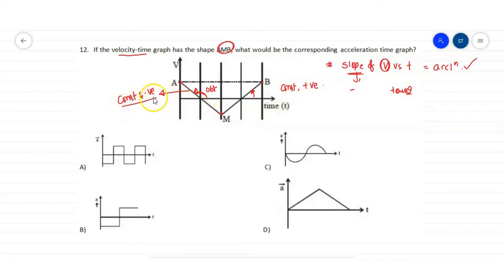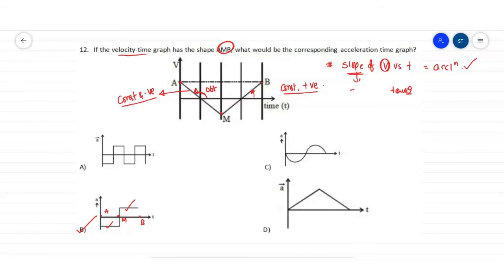A to M, constant and negative acceleration. M to B, constant and positive acceleration. So it has to be option B. This has to be point A, point M, point B. A to M, constant and negative. M to B, positive and constant. So option B will be the correct option for the given question.